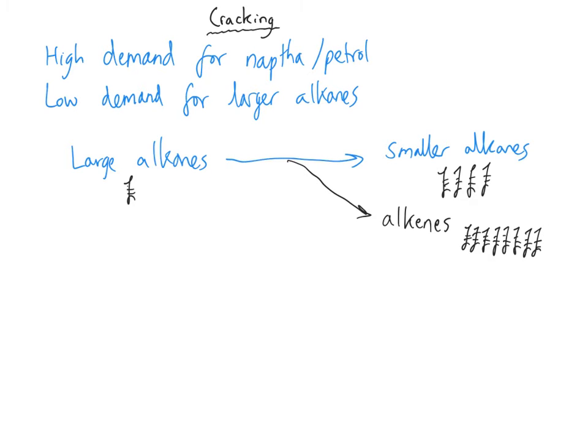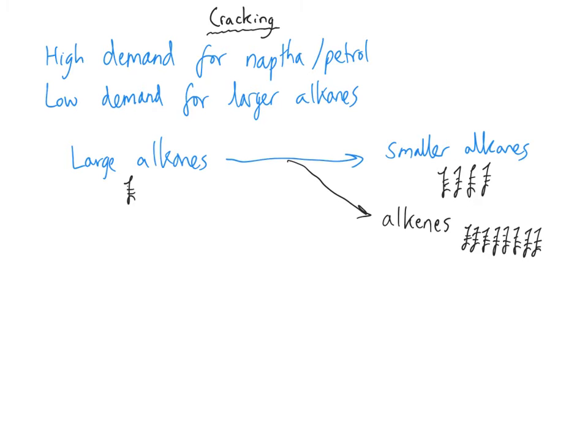And alkanes are useful as fuels, but alkenes are used to supply all sorts of industries as the starting material to make a huge range of products, from drugs to paints and polymers and all sorts of everyday materials. So it's really important that we can turn these alkanes into more useful substances.